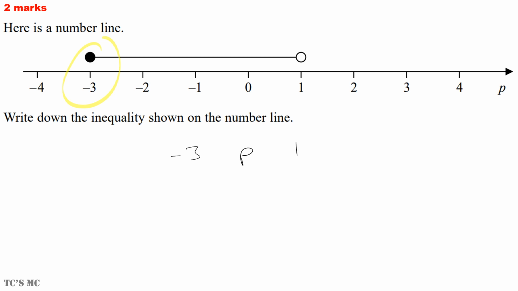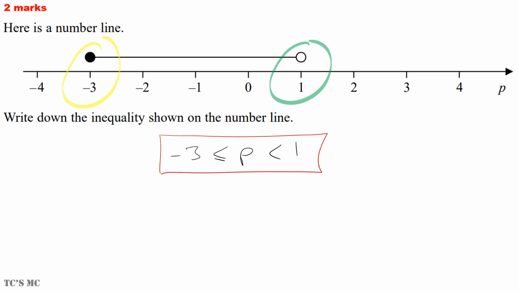That means P must be more than -3 or equal to -3. If you look at the circle above the 1, it is empty, so that means P is simply less than 1. For 2 marks, you need the symbols and the values. For 1 mark, as long as you have the correct numbers.